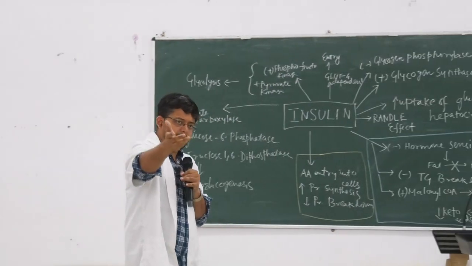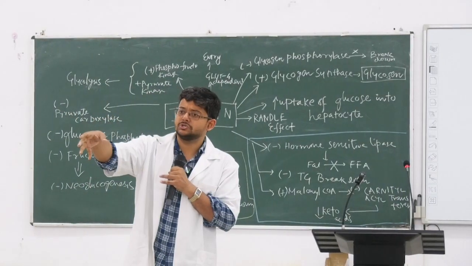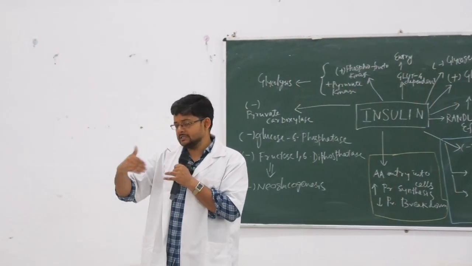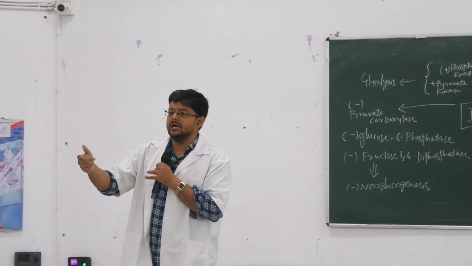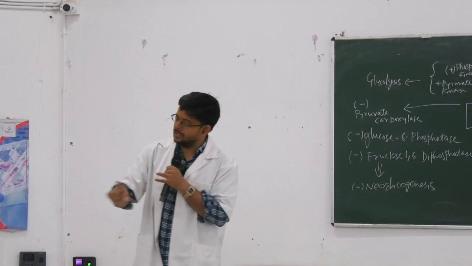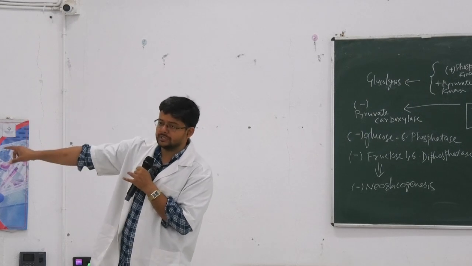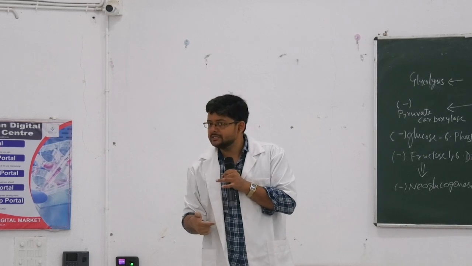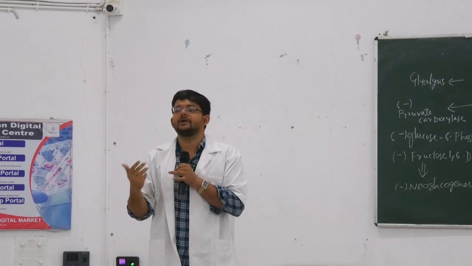GLUT4 is a protein and it is present in the cytosol. Whenever a favorable environment comes, there is a series of phosphorylation and activation of these protein molecules. These protein molecules are then transported to the border of the cell and they open the gate, depending on whether the insulin signal is coming and whether glucose is adequately available.